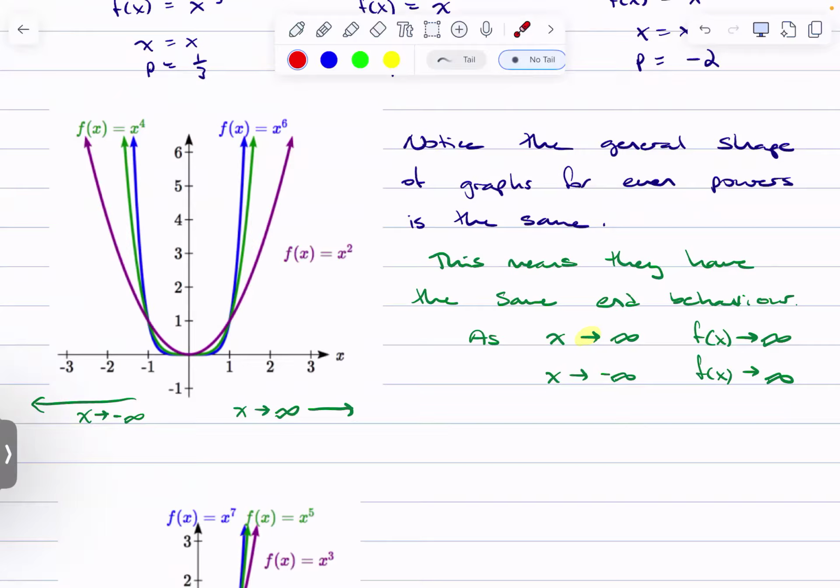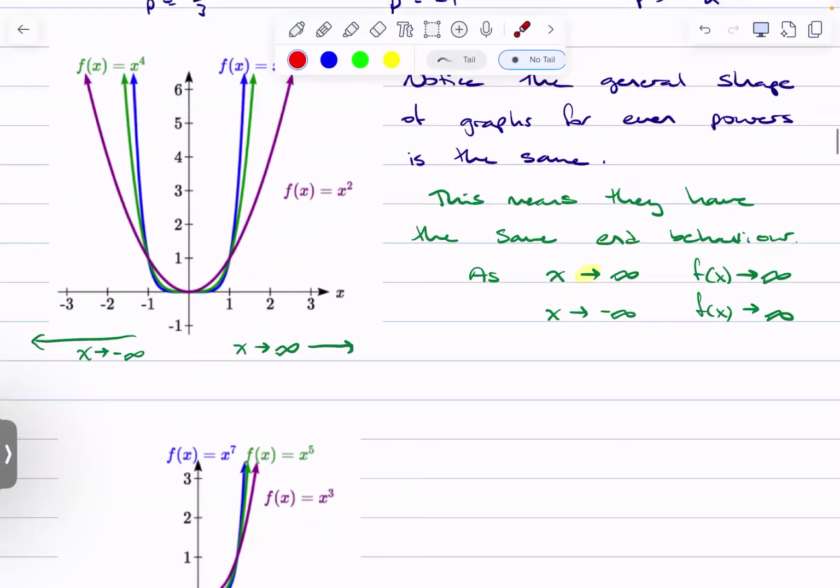That's something to be aware of, because then what would happen if we had a negative in front of the x to the 6, for example? It would get flipped down, which would change the end behavior. Now you're going to negative infinity instead of positive infinity for your outputs, but same for both x going to positive infinity and negative infinity. We'll see an example, so that's why I'm not writing it down.